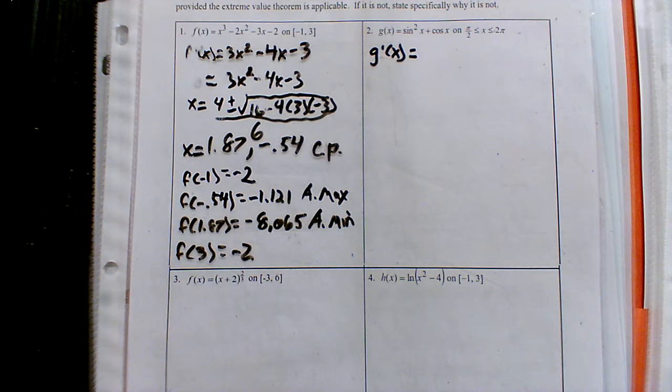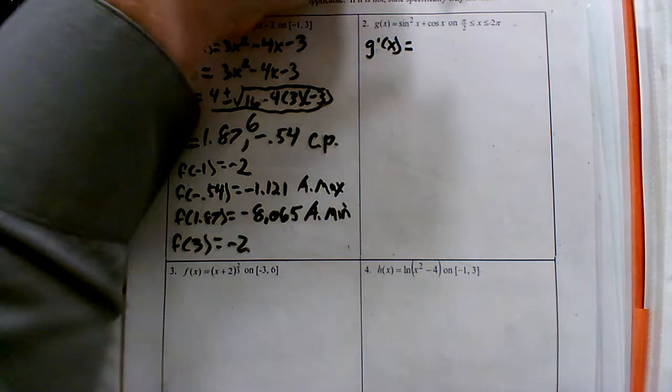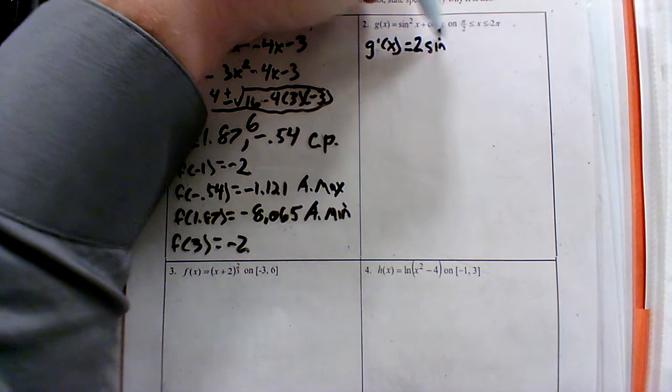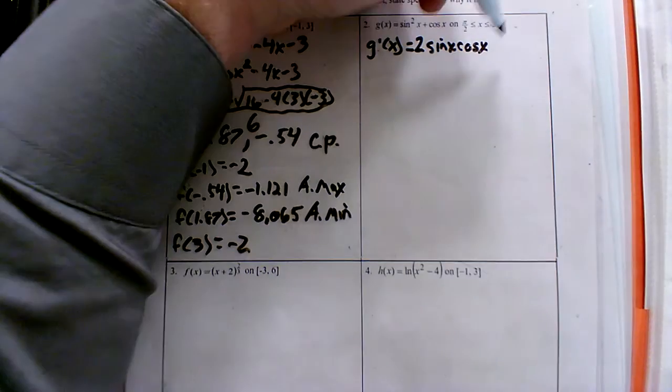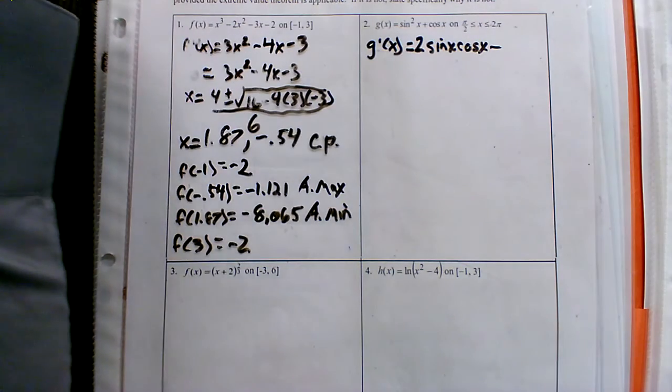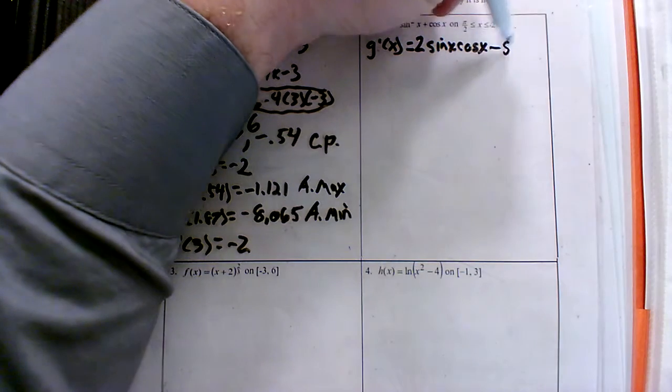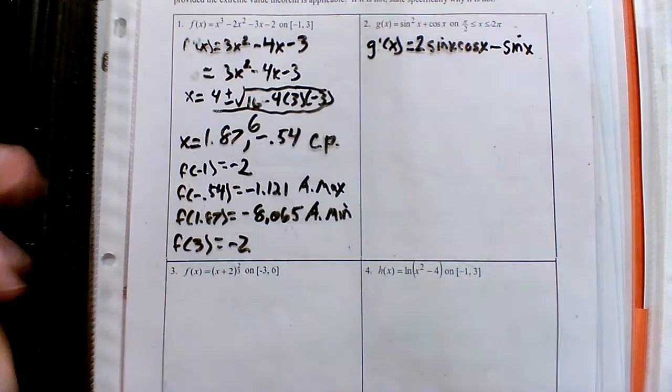Chain rule gives 2 sine of x times cosine of x. Very good.